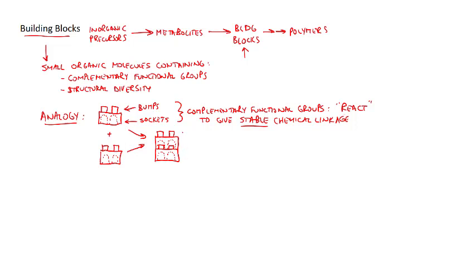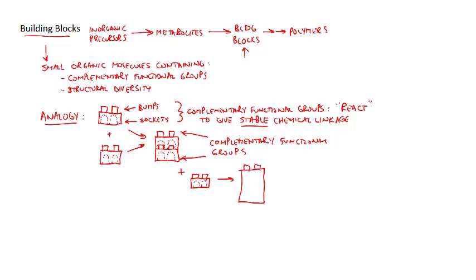Once we've put our two building blocks together to give us our new Lego piece, we still have complementary functional groups left over, which means that we can add another Lego brick if we wanted to and keep going, so that now we have three stuck together.